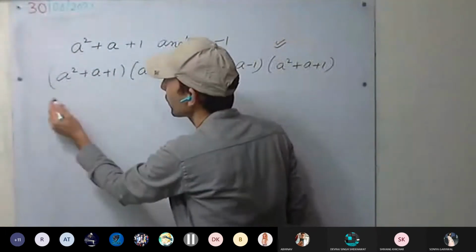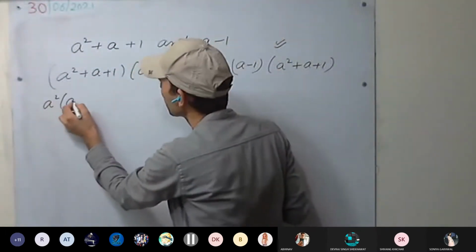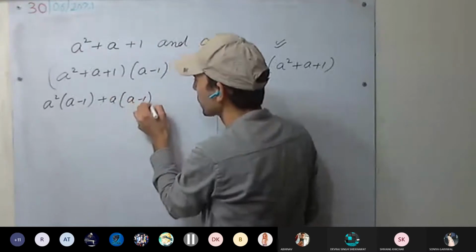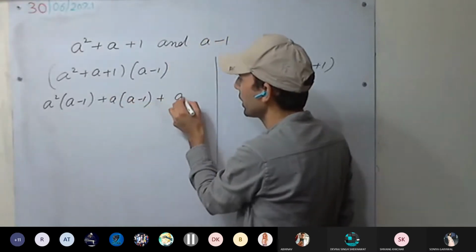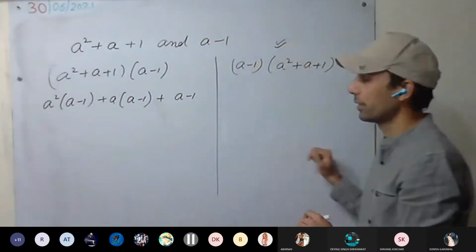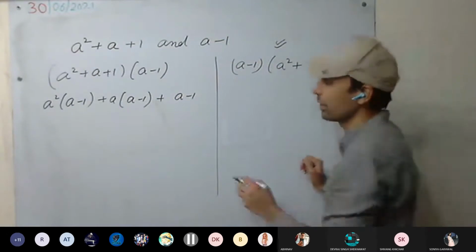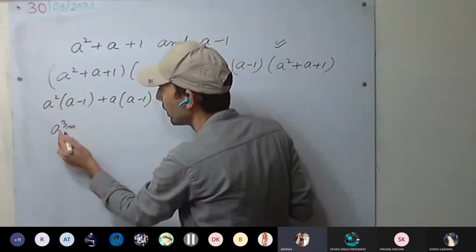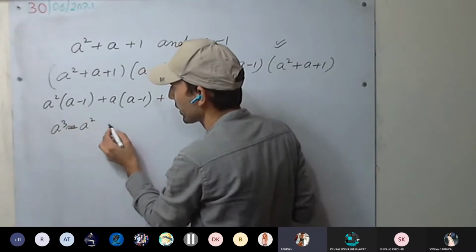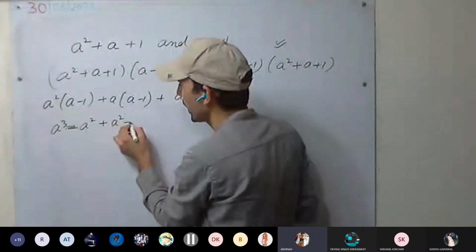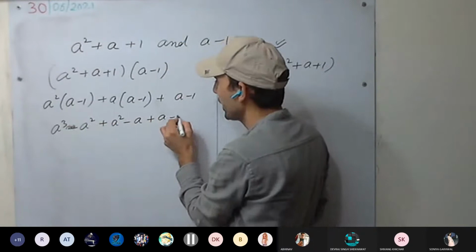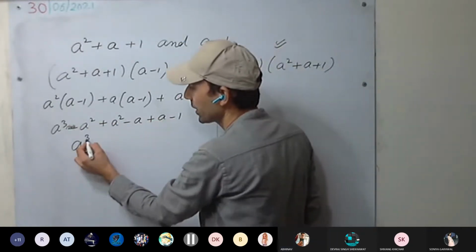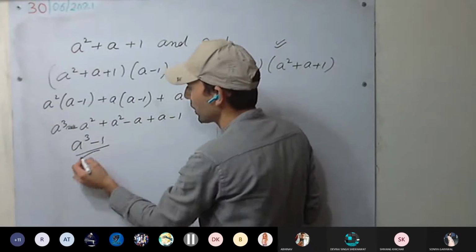See here, a square into a minus 1, plus a into a minus 1, plus 1 into a minus 1. Now, a cube minus a square, plus a square minus a, plus a minus 1. They all get cancelled. You will get a cube minus 1.